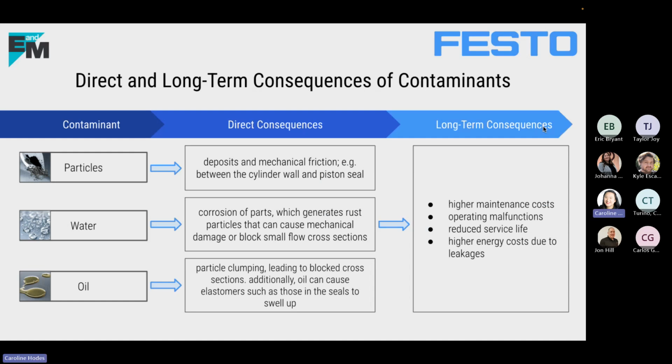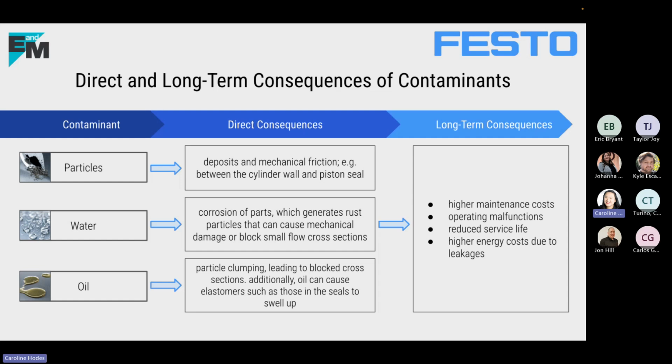There is a list of direct and long-term consequences of contaminants. Particles can create deposits and mechanical friction, for example, particles deposited between the cylinder wall and piston seal.